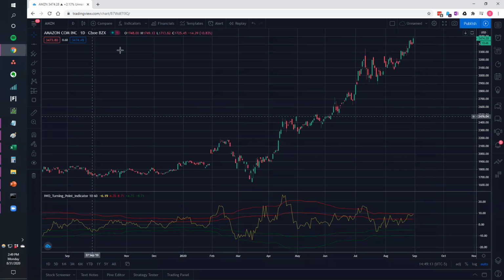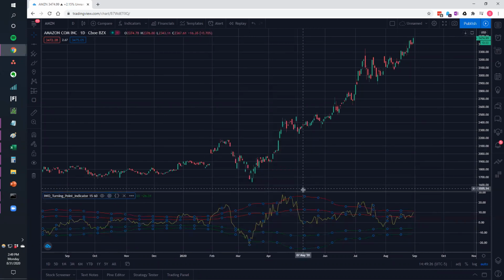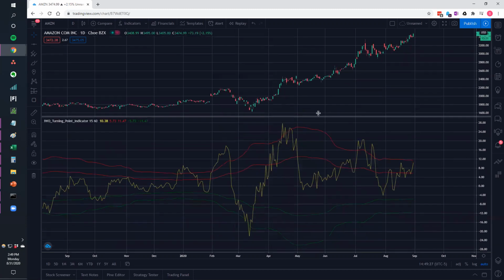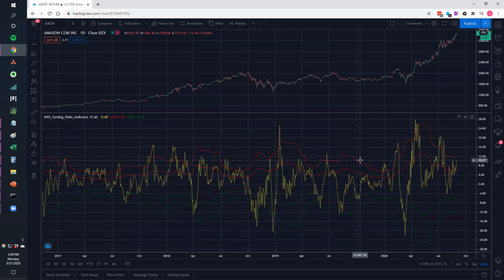So let's say we have 3 weeks to options expiration. That's going to be a 15-day turning point indicator. What you can then do is look at this and say, all right, within this 15-day window, what kind of upside expectations do we have for Amazon? Right now I'm just eyeballing this and I'm seeing around 15 to 16% as sort of the upside cap in terms of energy.